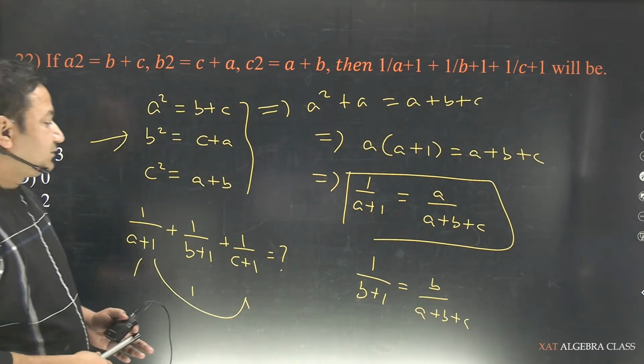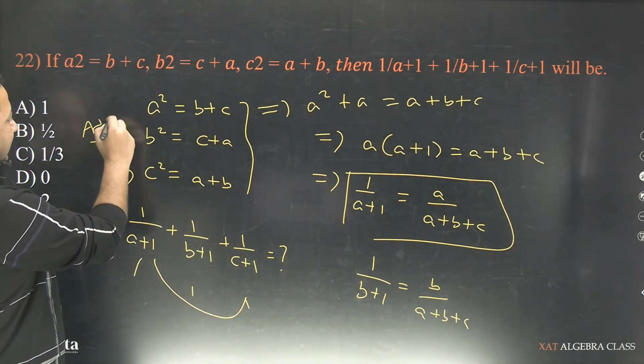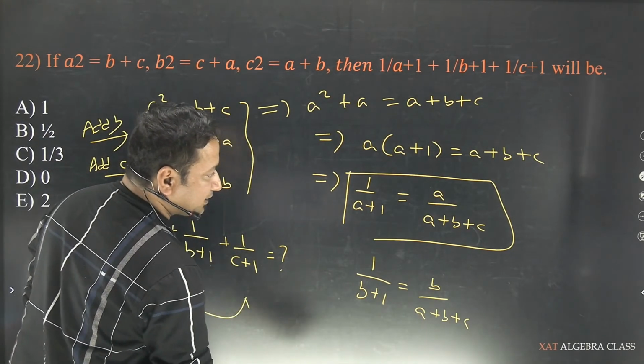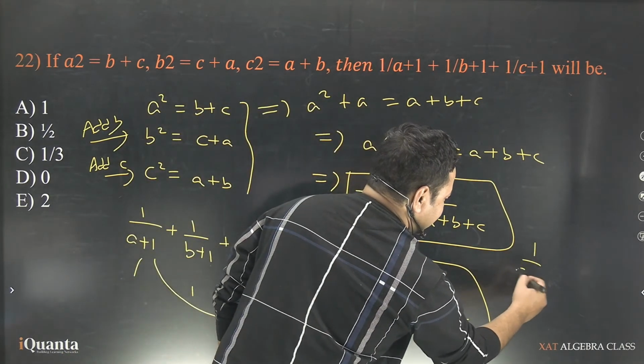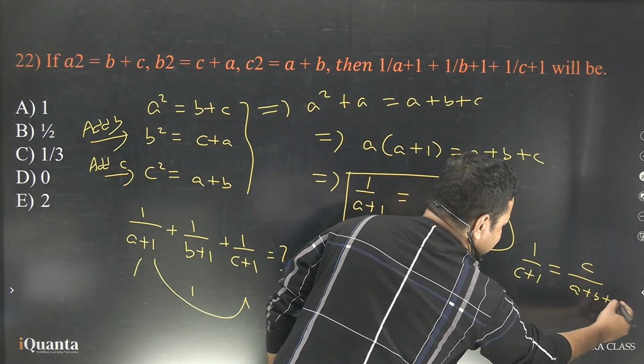Cool. And similarly, if I add c in the last one, in a similar fashion, I'll get the same thing again: 1 by c plus 1 is equal to c upon a plus b plus c. Wow.